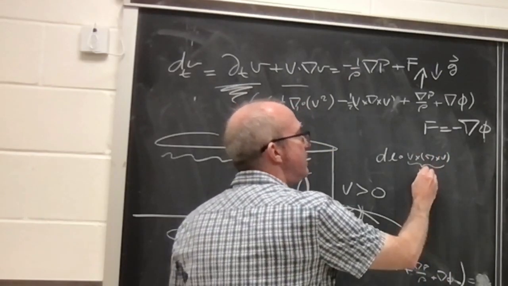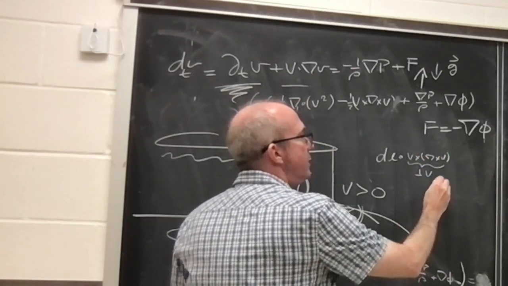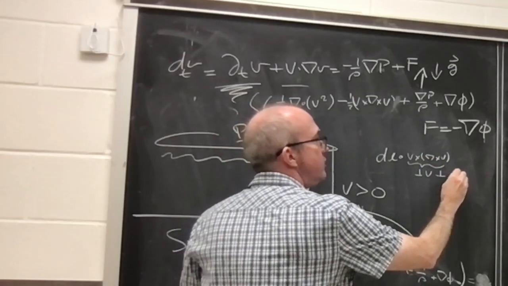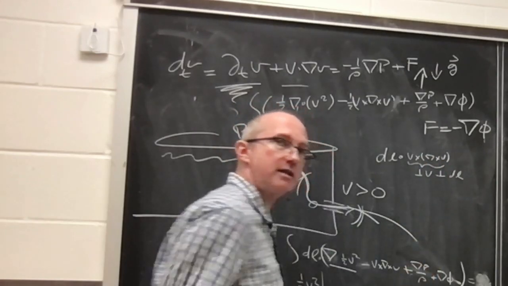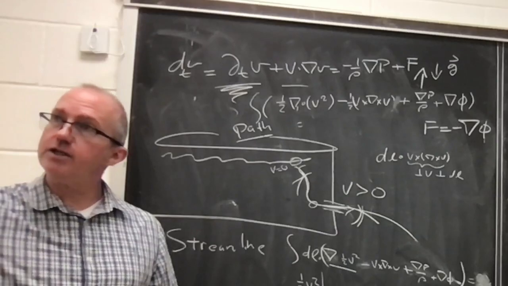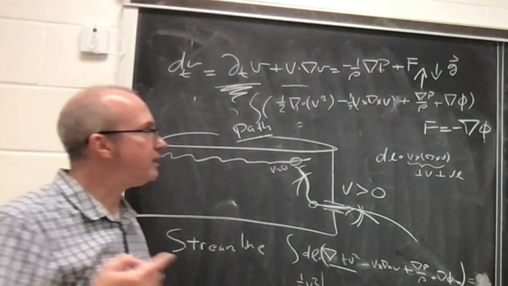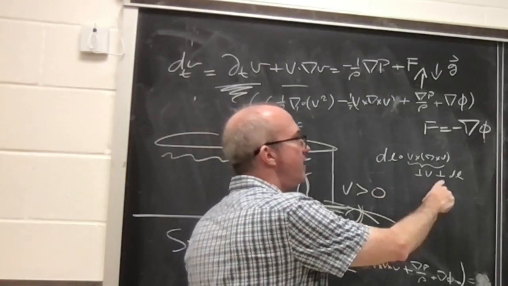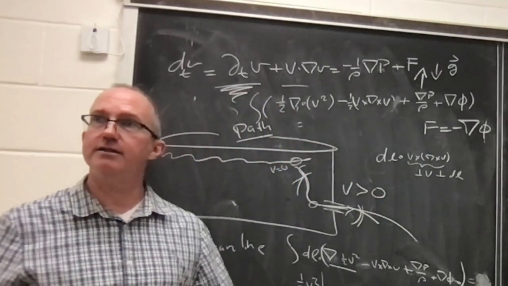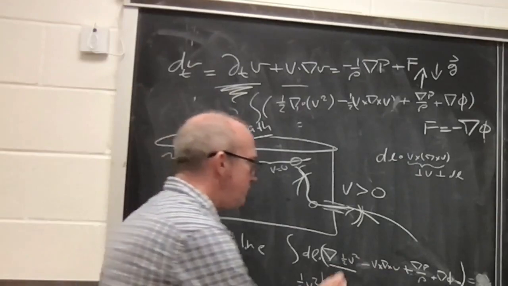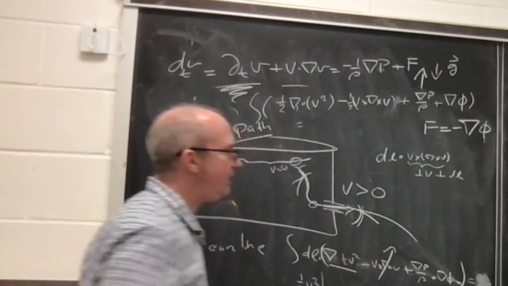So this is perpendicular to v, so then it's also perpendicular to dl, because by definition, dl is always pointing along v, because that's how we've defined our streamline, right? So what is dl dot something that's perpendicular to dl? 0. So this term goes away.